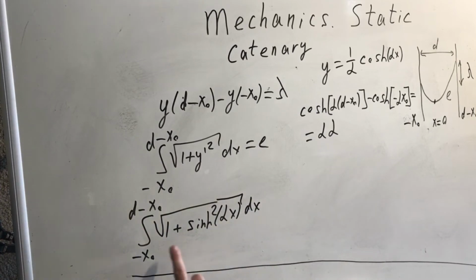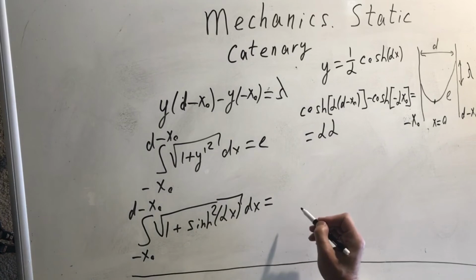And we know that 1 plus hyperbolic sine squared is just hyperbolic cosine squared, and the square root is hyperbolic cosine, and the integral of hyperbolic cosine is just hyperbolic sine.